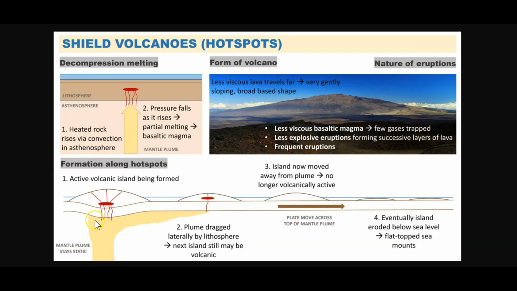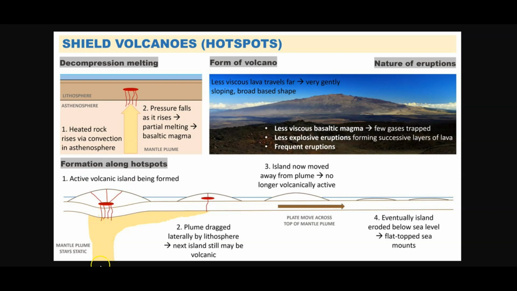So what happens is that whenever the plate is above this mantle plume, you get this decompression melting occurring as it rises, forming the magma chamber, and then you get this active eruptive volcano producing the island. Initially it will form under the sea, and then it will come up above to produce the volcano itself and the island itself.